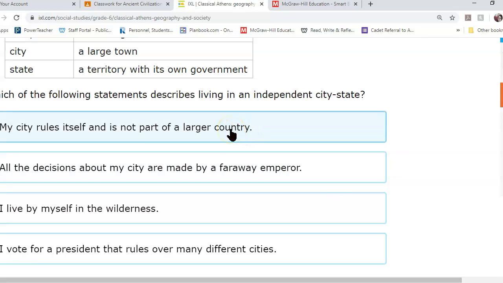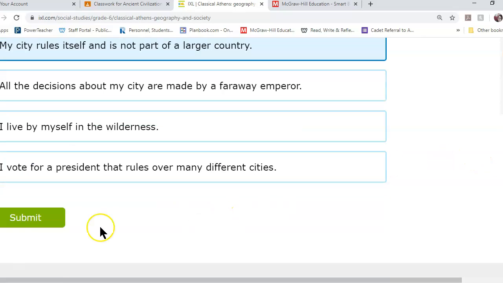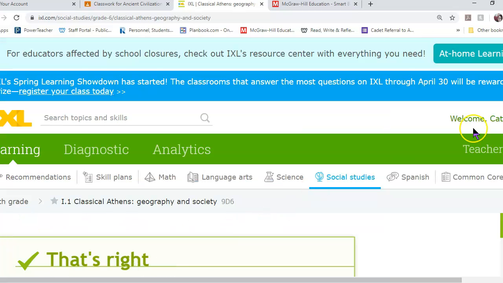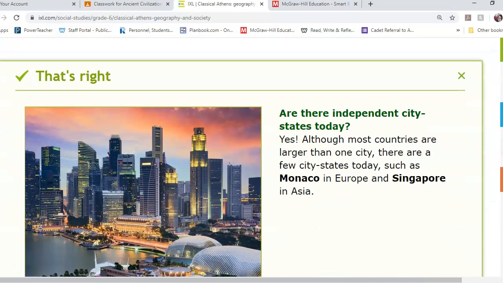What do you think? Maybe? I don't think they live by themselves in the wilderness. I vote for a president that rules over many cities. All the decisions, I think they all move themselves. So let's go over and see if I'm right. It looks like that's right.